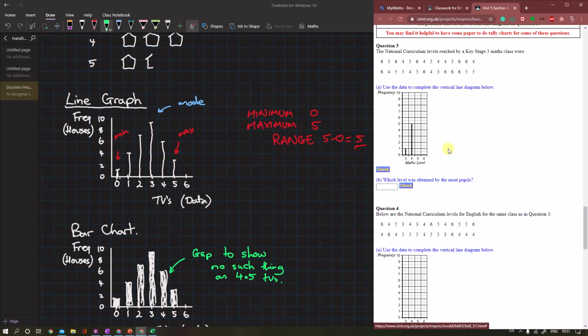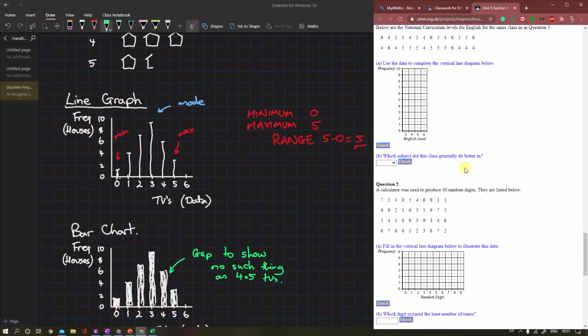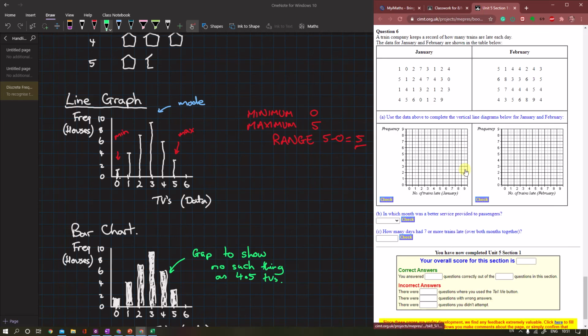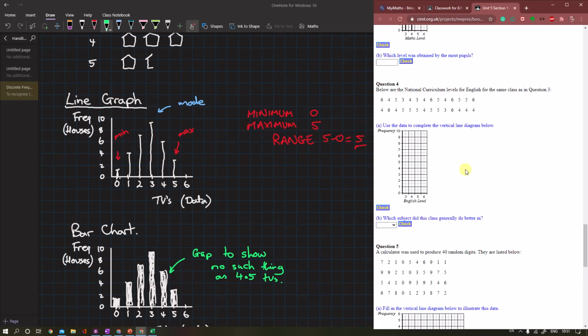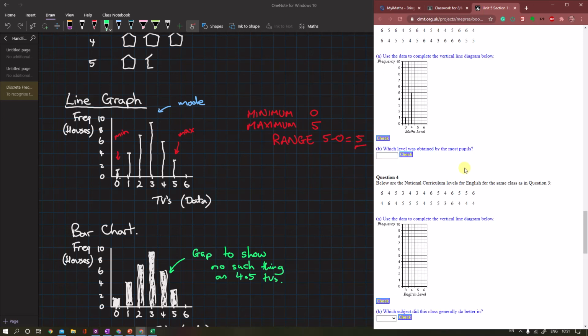So this is, I'd say there's 5 people got a score of 4. Make sure you answer the question. Most pupils will be the longest line. And I think that's it. You need to do question 3 to 6, please.